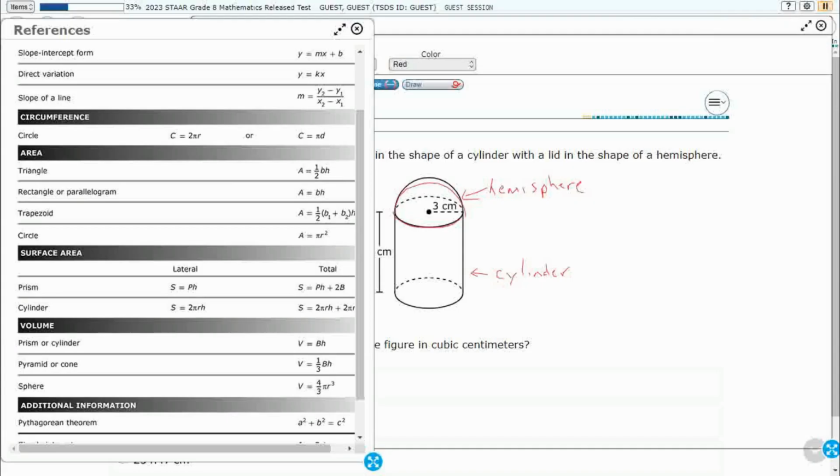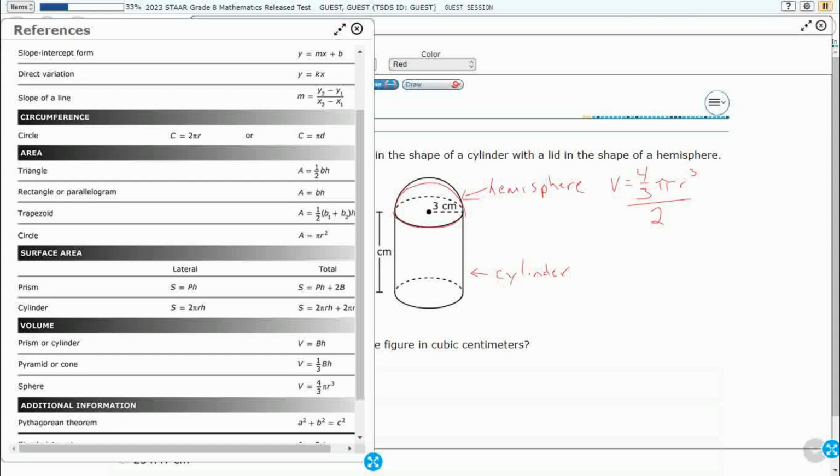So I'm going to say V equals 4/3 pi r cubed, and the hemisphere is really half of it. So I could take all that and divide it by 2. We'll come back to that. There's a simpler way to look at it, but really it's half a sphere. So take the volume, cut it in half, right?